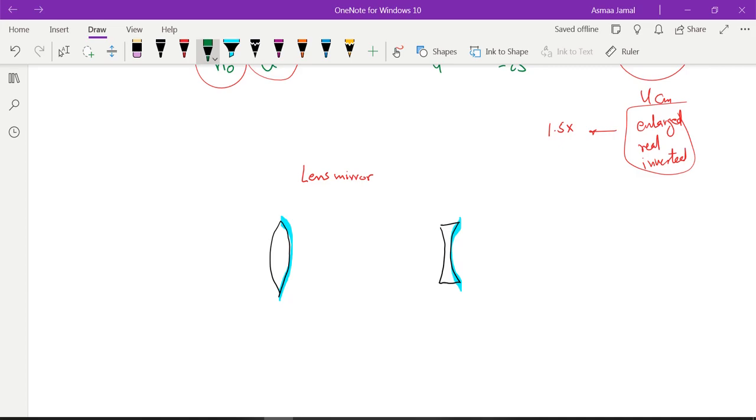This means when light passes through this lens mirror, it will refract first, then be reflected by this mirror here, like this, to refract for the second time. So here we have the convex lens, and we cover that lens from outside, which means convex lens plus concave mirror.